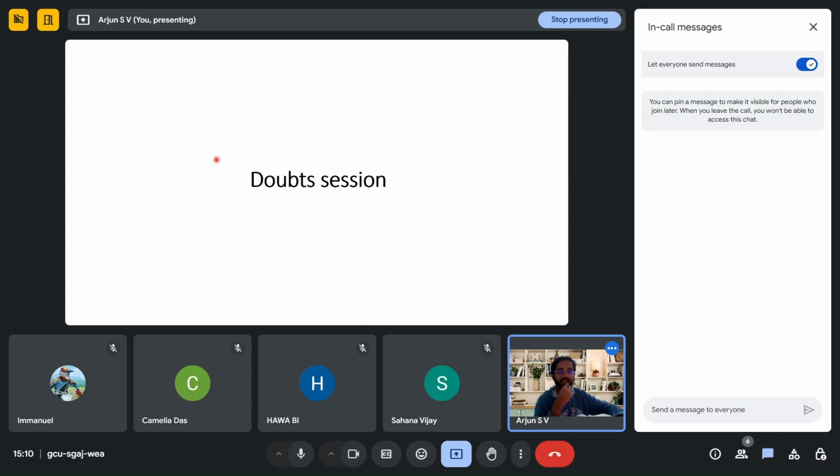So I'll keep this room open for the next 5 to 10 minutes. After that, we can discuss some of the questions and answers from the previous year's assignment questions of week two. There are a couple of questions from week two of the previous year's assignment.